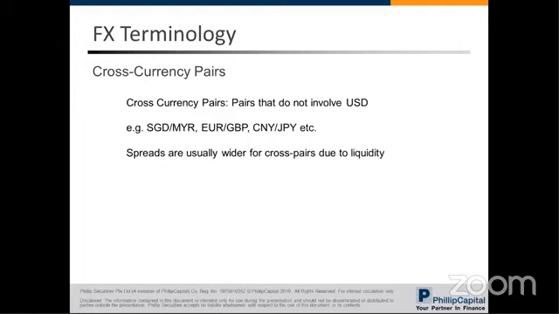All these rates that do not involve USD are called cross-currency pairs. Usually for these pairs, the spreads, the price between the bid and ask, will be wider because of liquidity issues.